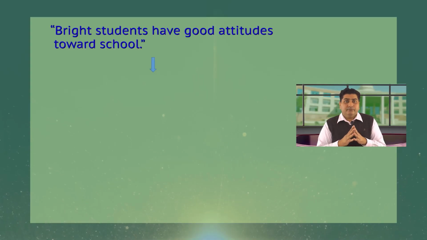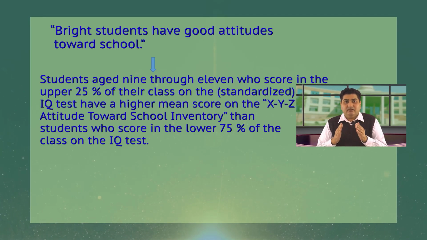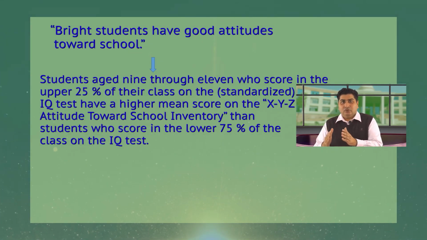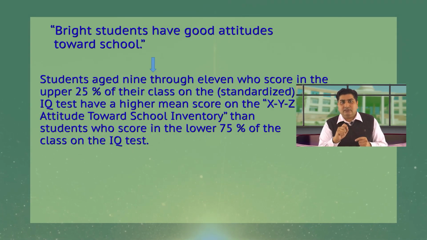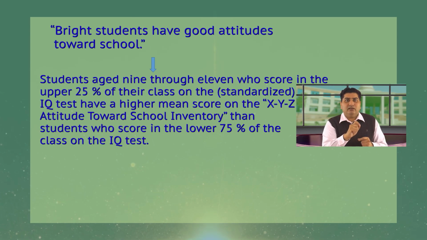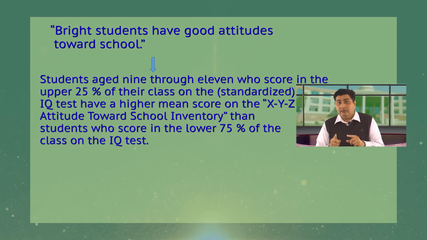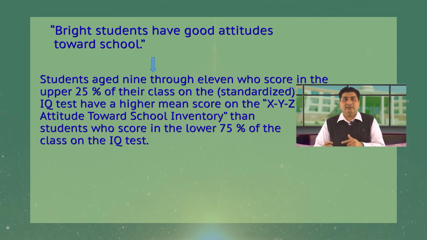It is too broad. To convert this hypothesis into an acceptable hypothesis, it might be changed to read that students aged 9 through 11 who score in the upper 25% of their class on the standardized IQ test have a higher mean score on the XYZ attitude towards school inventory than students who score in the lower 75% of the class on the IQ test.